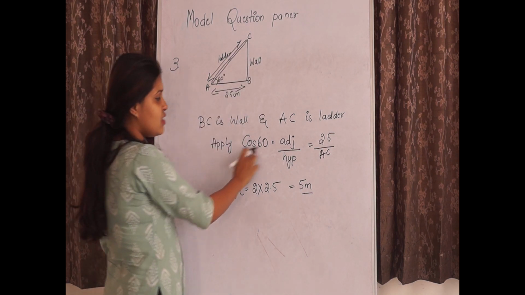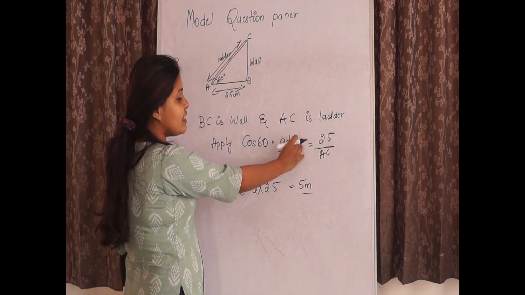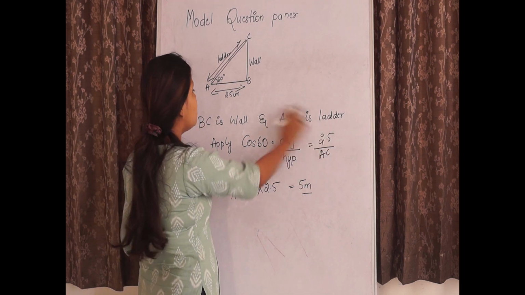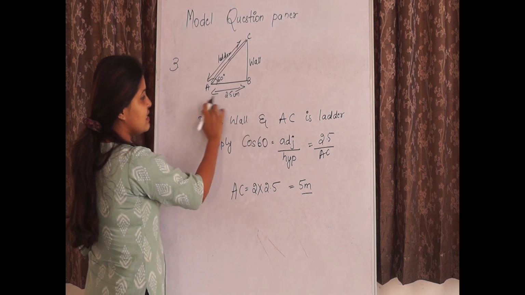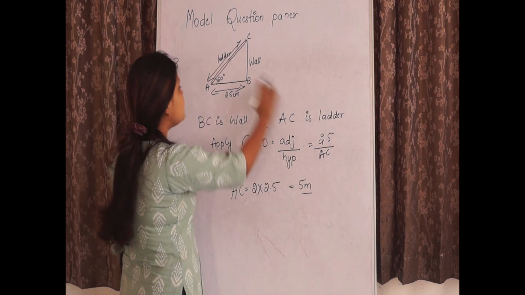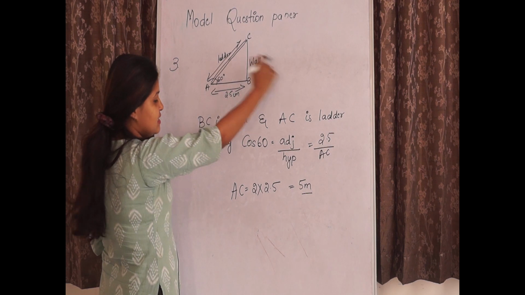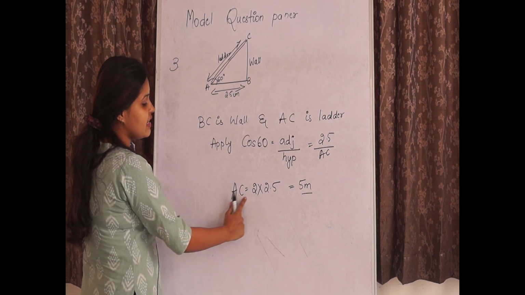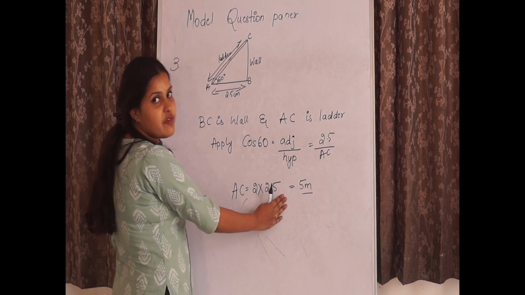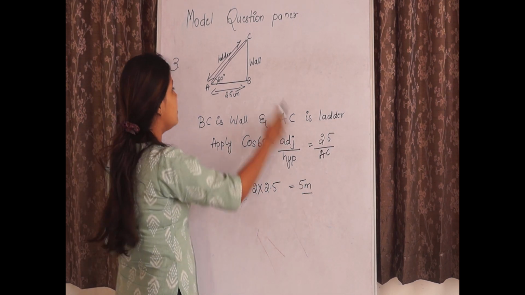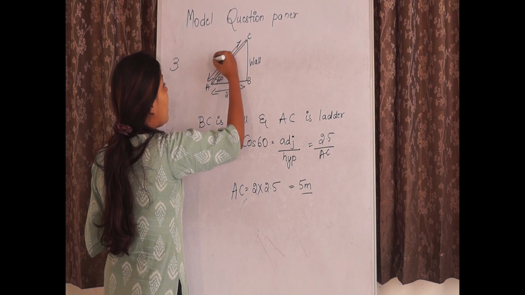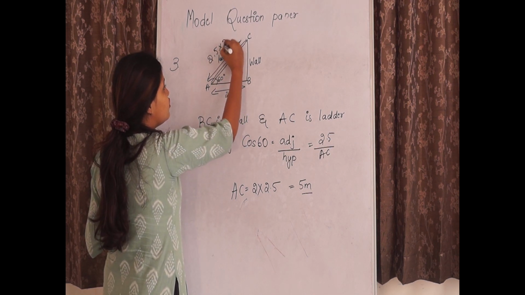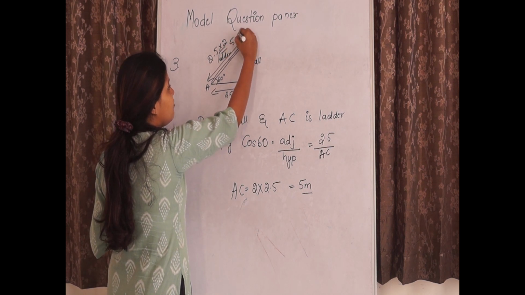Let's apply cos 60, that is adjacent by hypotenuse, is equal to 2.5, that is adjacent, and hypotenuse is the ladder, that is AC. Since cos 60 is half, let's take it as 2 into 2.5, that is 5 meter. So the length of the ladder will be 2.5 into 2, that is 5 meter.